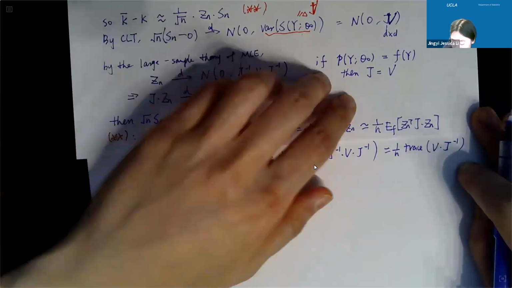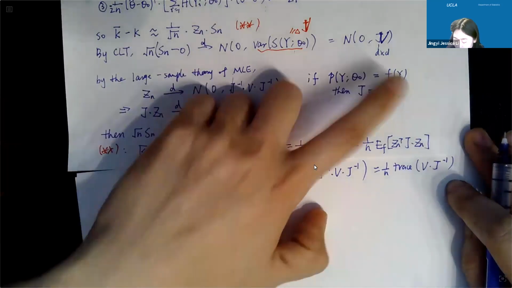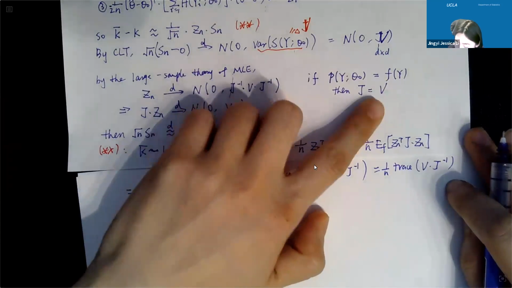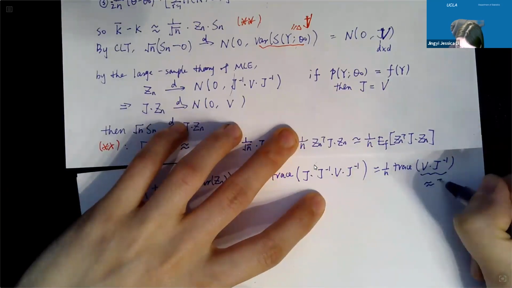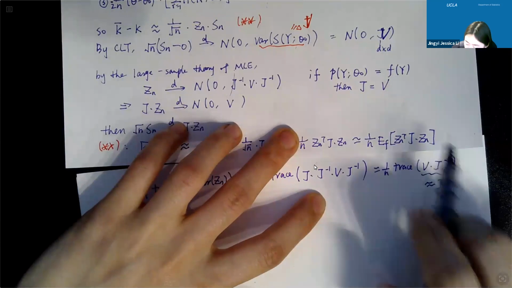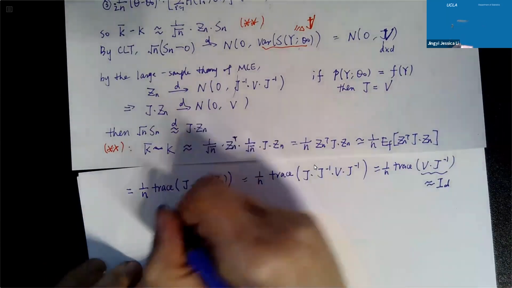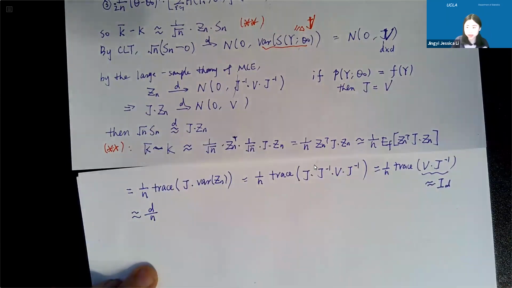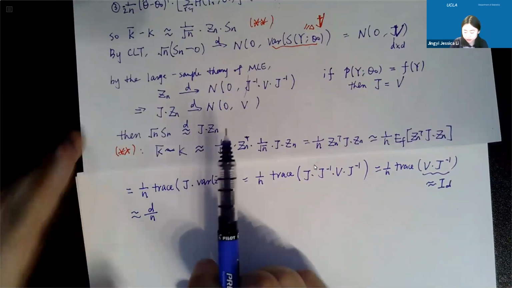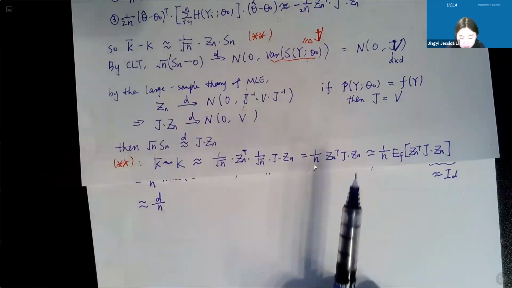We said that if we believe the model density is the true density, we have J equal to V. If that happens, this can be approximated by the identity matrix because of the cancellation, and that's d-dimensional. So finally, we approximate this by d over n. After so many steps of approximation, we finally approximated the difference between k bar and k by d over n. That's the term we got.